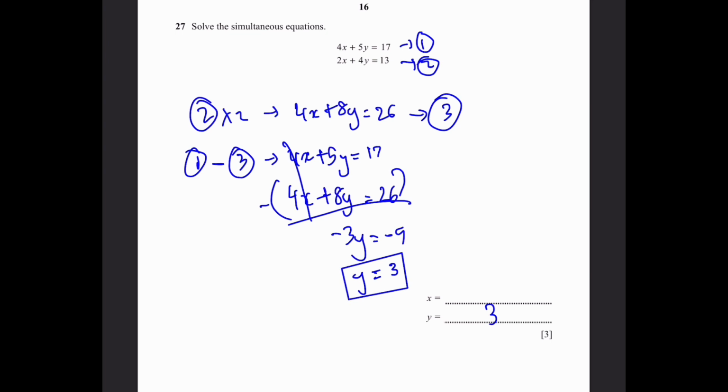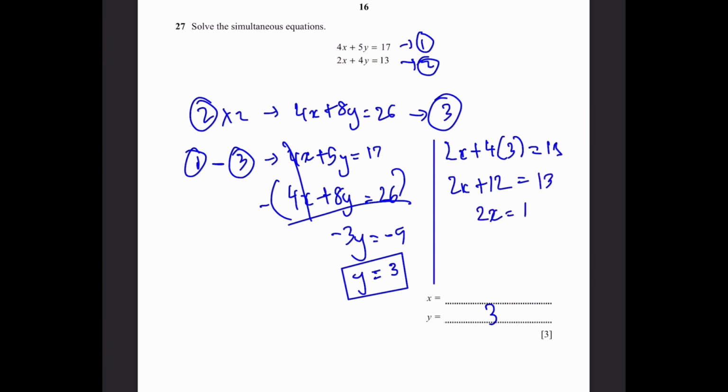Now we need to find x. So let's substitute this into equation 2. 2x plus 4 into 3 equals 13. 2x plus 12 equals 13. 2x is equal to 13 minus 12, which is 1. x equals half.